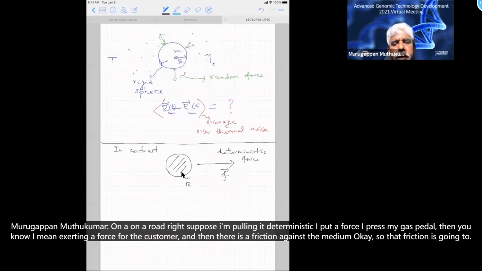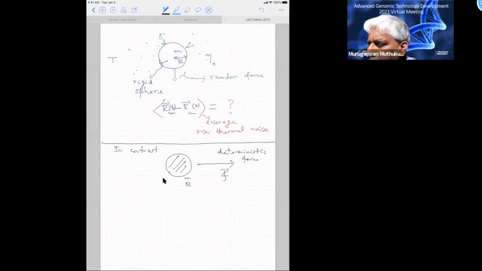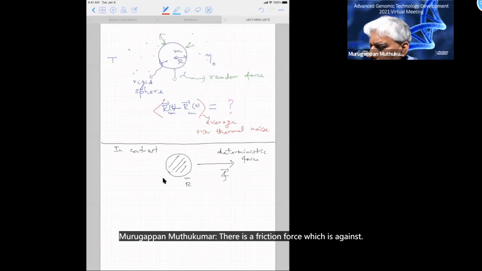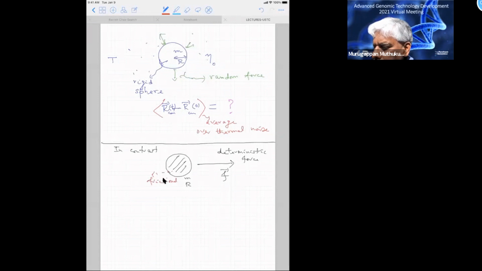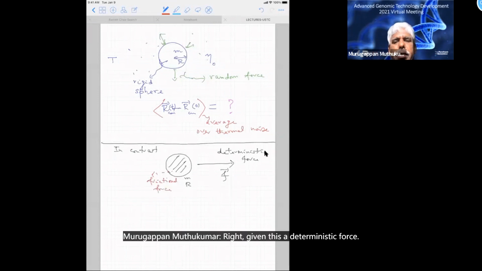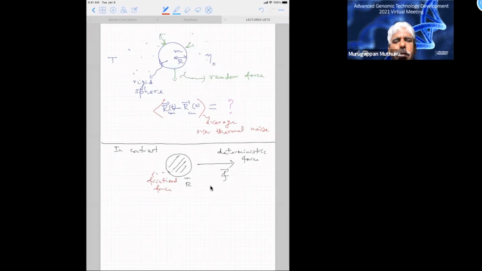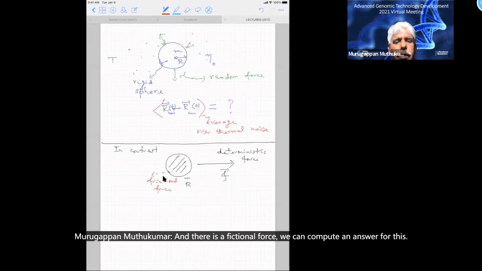I press my gas pedal, then I'm exerting a force for the car to move. And then there is a friction against the medium, a frictional force which is against the movement, right? Given this deterministic force and the frictional force, we can compute an answer for this.